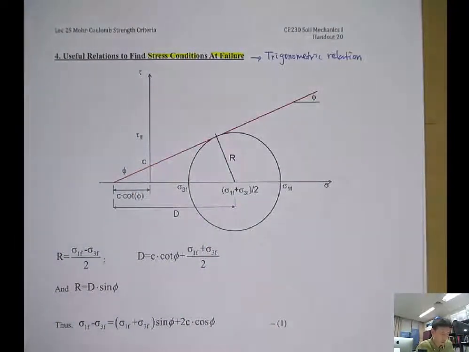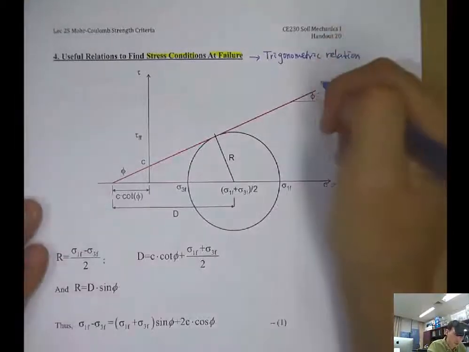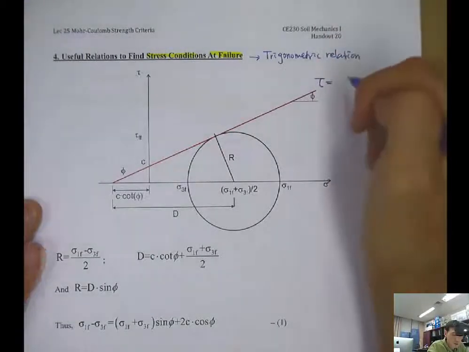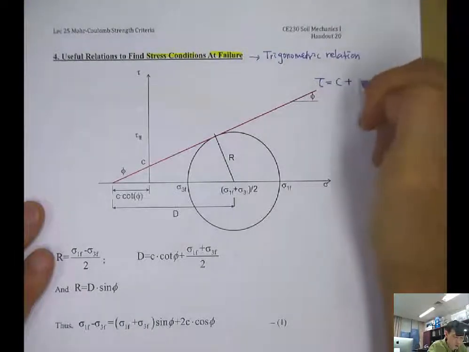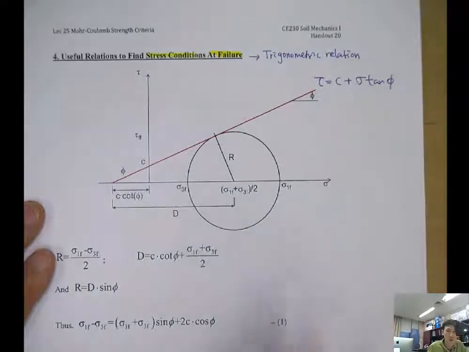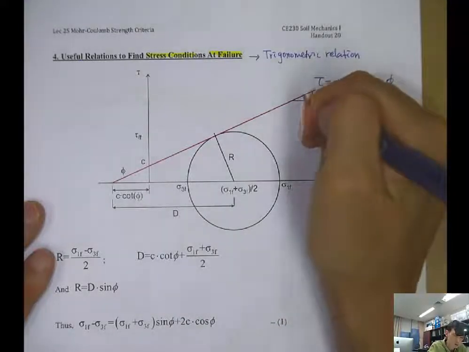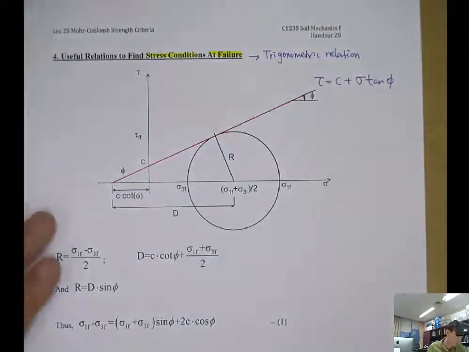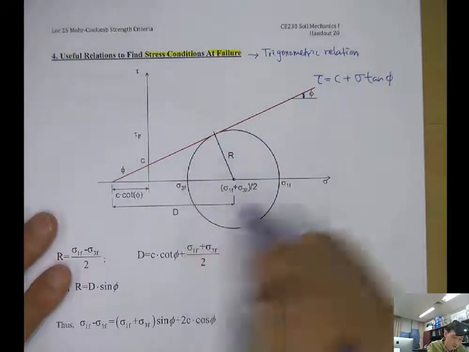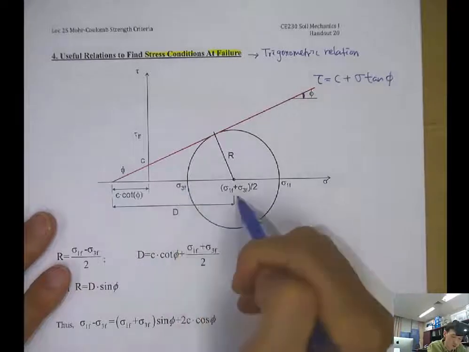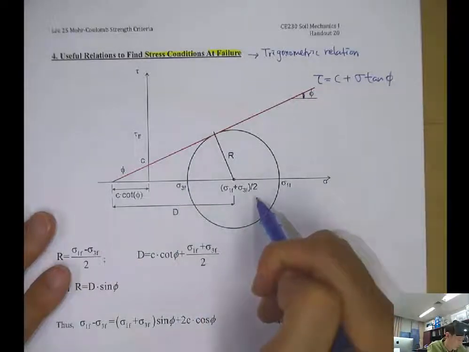Okay. So when the shear strength envelope is C plus sigma tangent phi, and the angle is the friction angle phi, then we know that the center is sigma 1f plus sigma 3f over 2.